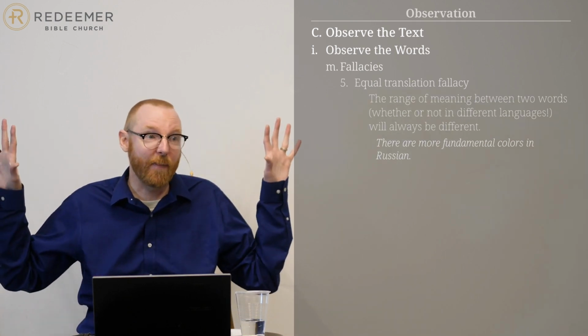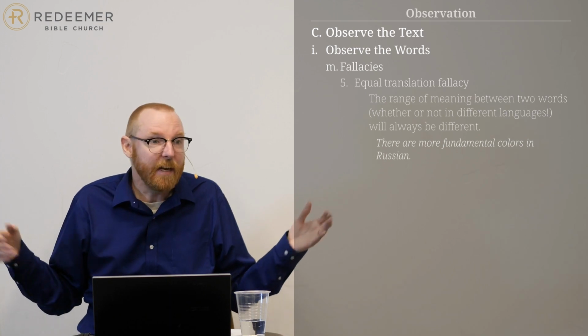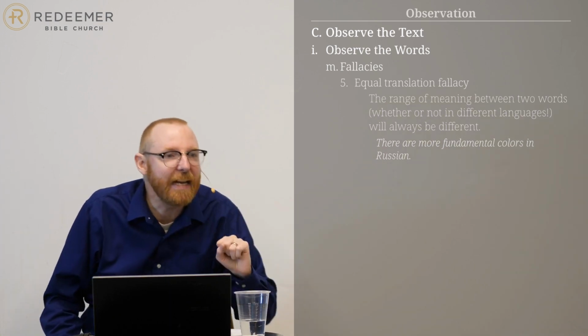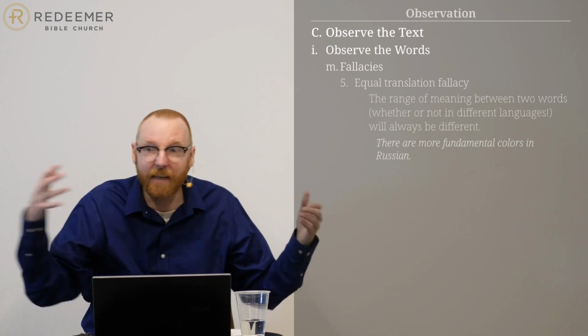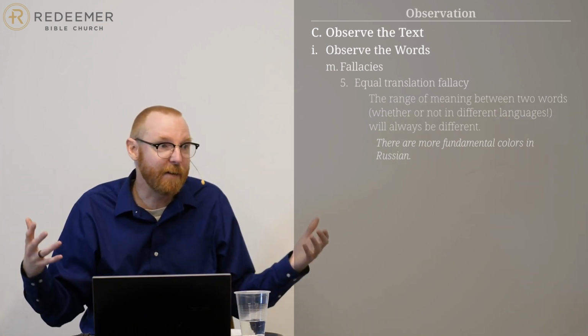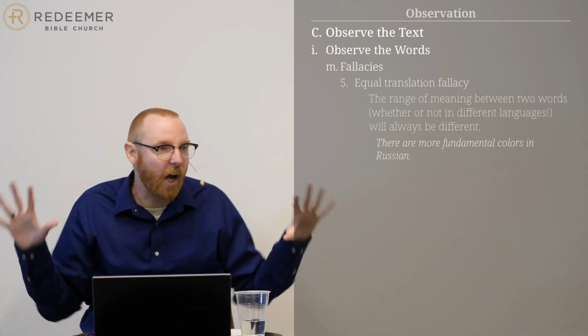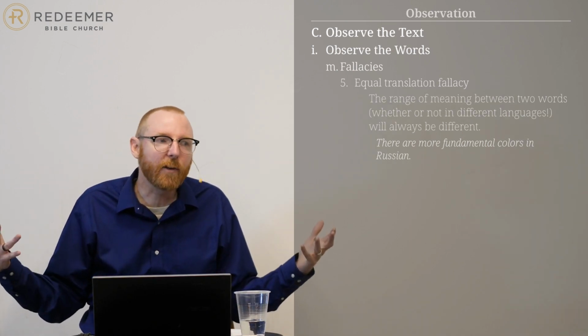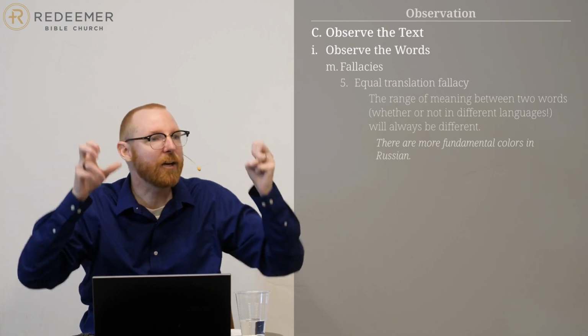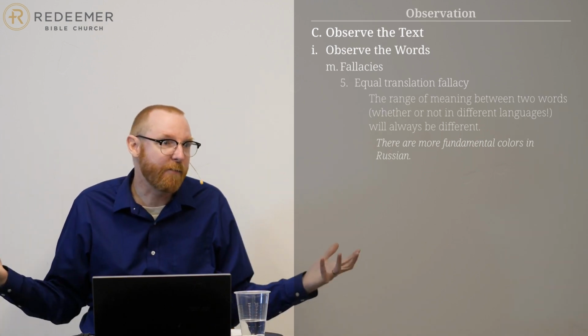We could think, oh, that's navy, but we still think of it as navy blue. It's still blue to us, right? But those concepts are different for other people. Obviously they see the same colors, but how their brain categorizes and organizes them is different.